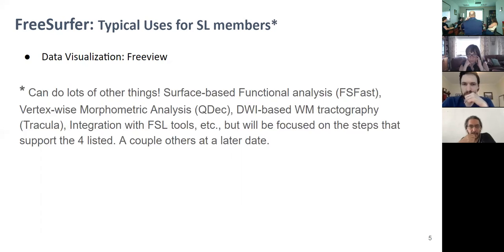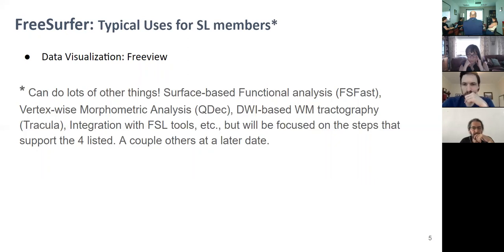There's functional MRI analysis. Instead of doing an ROI-based morphometric analysis, you can do vertex-wise morphometric analyses, and there's a built-in tool for that that has some pluses and minuses.